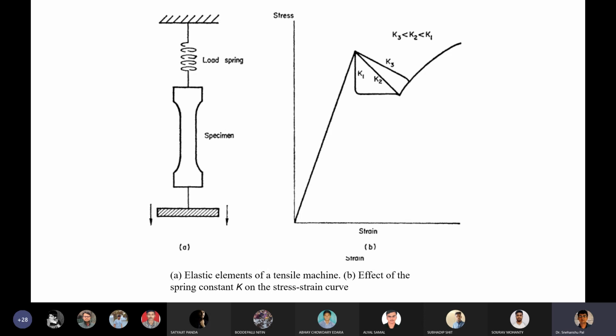For the soft machine, the load is considered connected to the specimen by a soft spring, so that if the specimen yields suddenly, the load is virtually unaffected, or not influenced by the sudden change. Dead weight loading, hydraulic machines and pivoted beam type tensile machines come into this category, as shown in the picture also.